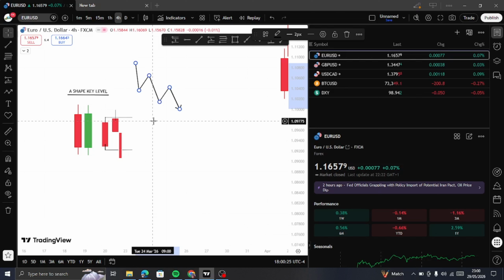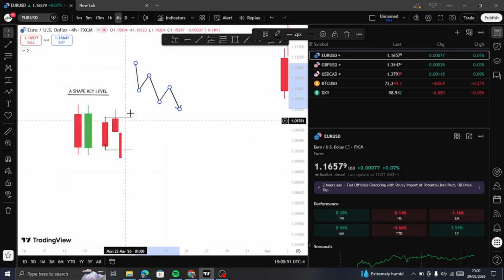So when I say key level on my trade, it's like an A plus setup on my trade. A key level can still show you the direction of the market as a support.